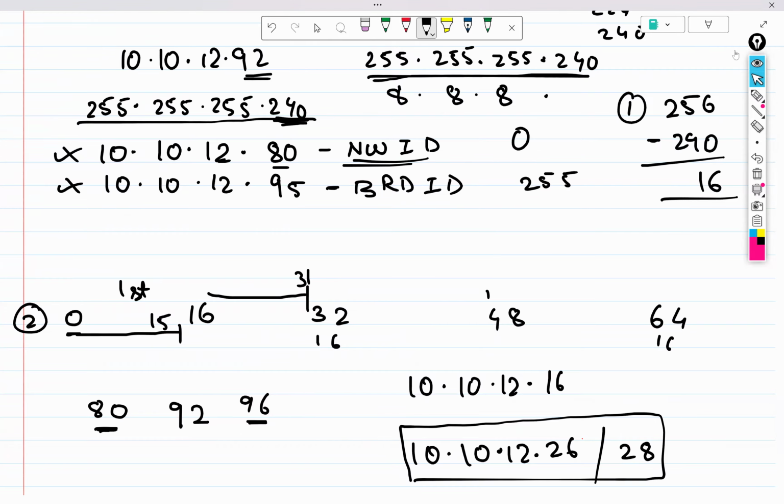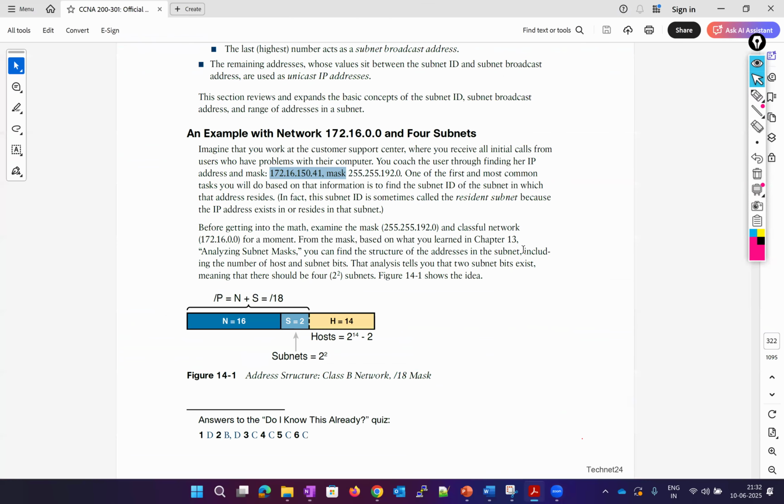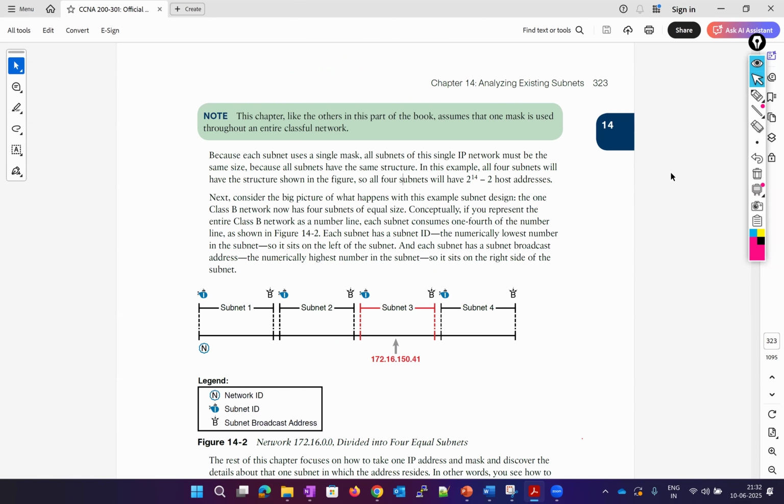Now, to visually understand this, we open up. So we did this question, right? First, 172.16.150.41, right? Now, let's go over here. So when we calculated 64 as the remainder, our first subnet will start from 0 and it will go up till 63.